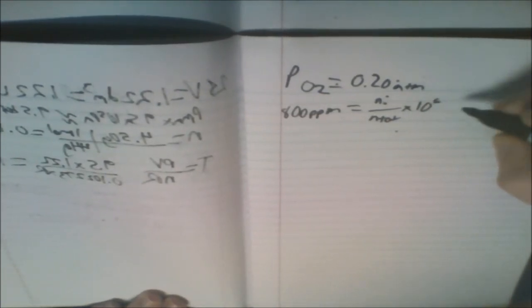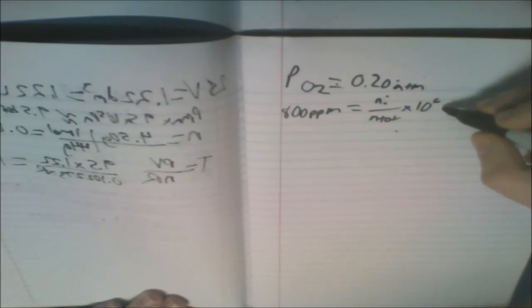It's usually moles over moles total, but we can do it as pressure over pressure total. So what's the pressure of gas over the total pressure, times 10 to the 6th? Well, we can assume at standard conditions we have 1 atmosphere. So 800 times 1 divided by 10 to the 6th would give you the partial pressure.